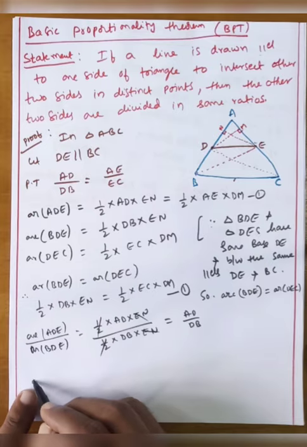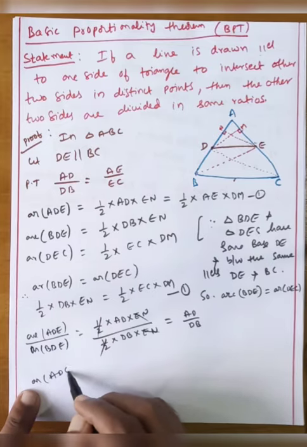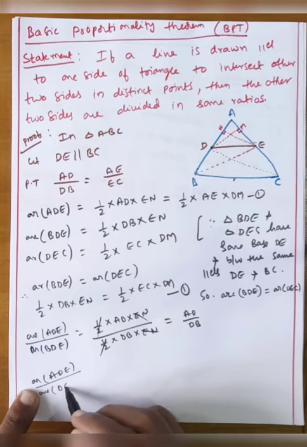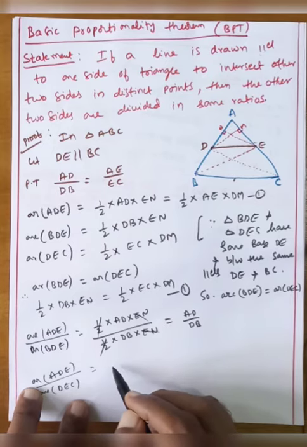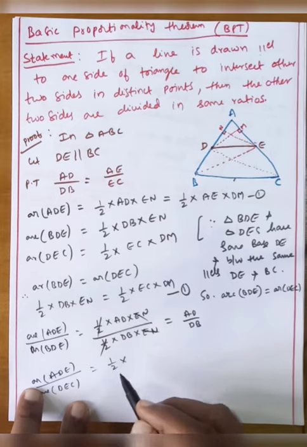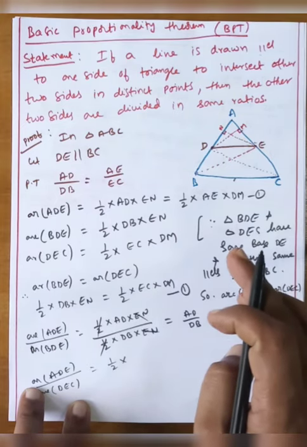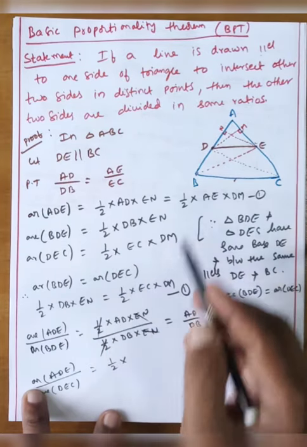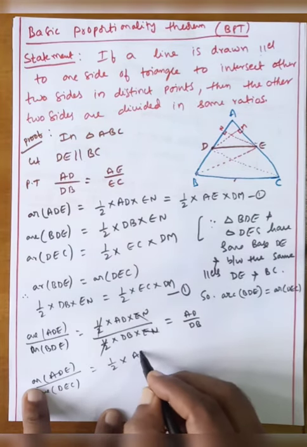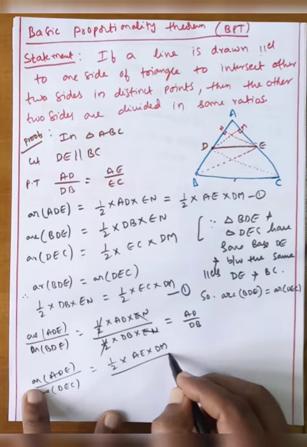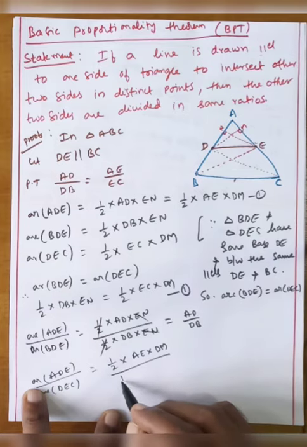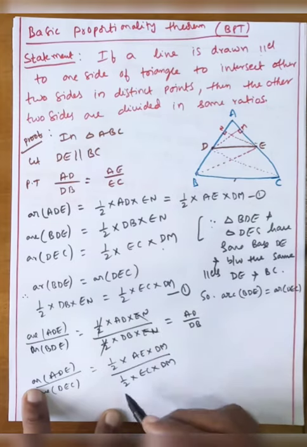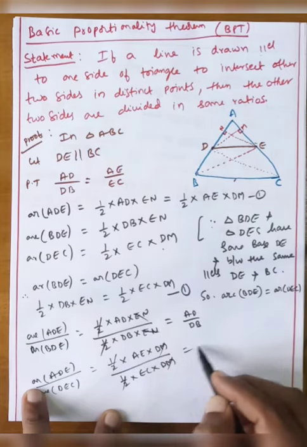Next, area of ADE by area of the last one, DEC: half into AE into DM by DEC, half into EC into DM. Here half cancels, DM cancels, so AE by EC.